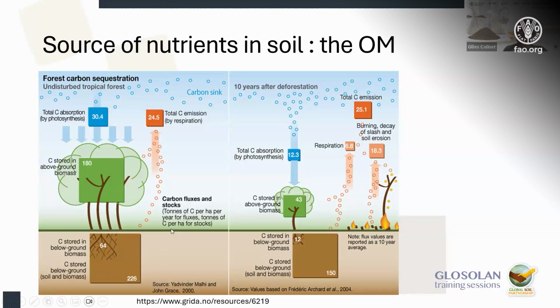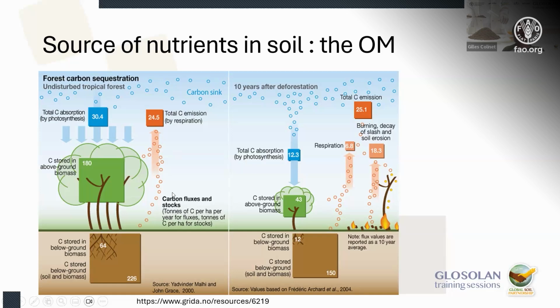And all this system is respirated, so the plant sometimes consumes oxygen and liberates CO2, but also the microorganisms making mineralization of the organic matter in the soils, and so there is a production of CO2.